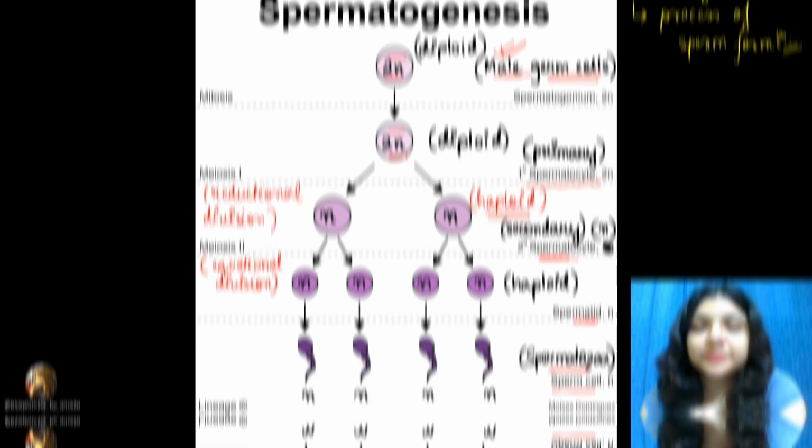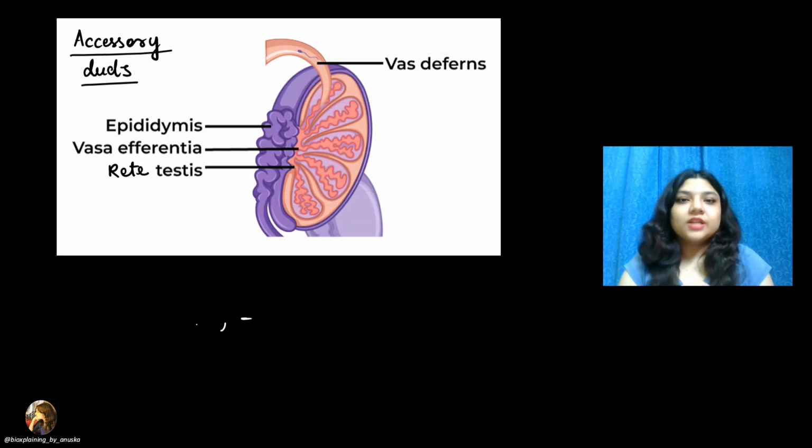Okay? So what have we seen already? A pair of testis is present. Inside the testis, the lobules, the compartments are present. Inside them are the seminiferous tubules and interstitial cells; we have studied all of that. Now we will start studying the accessory ducts that are present.